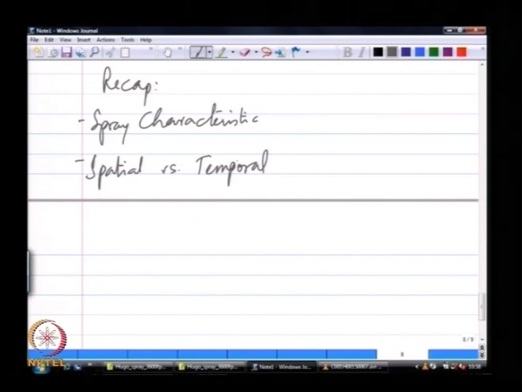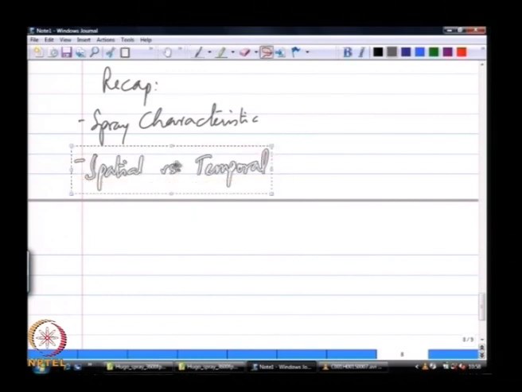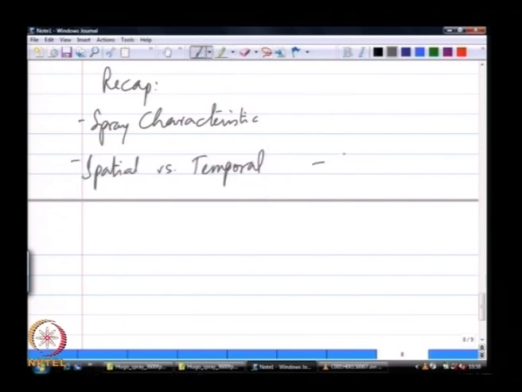And then finally, we made the case for a steady spray. What do we mean by steady spray? We will continue this discussion in the next class.